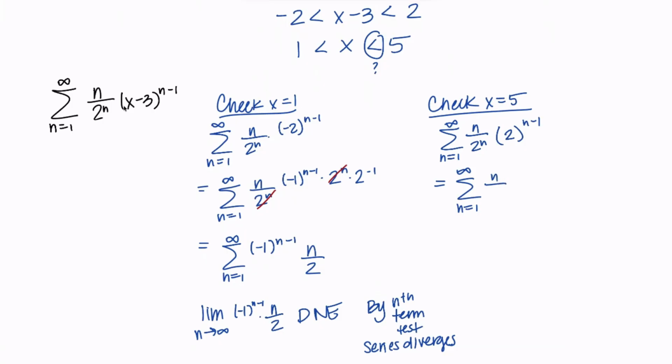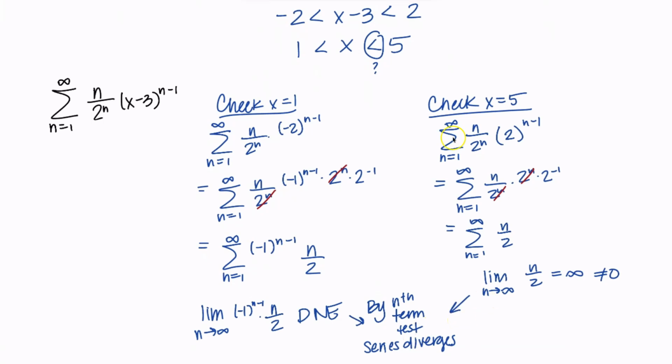So we're going to have n over 2 to the n, then 2 to the n times 2 to the -1. The 2 to the n's are going to cancel. So instead of alternating this time, I just have n over 2. And if we take the limit as n approaches infinity of n over 2, that's infinity, right? Which is not 0. And so by the nth term test, this series diverges as well.